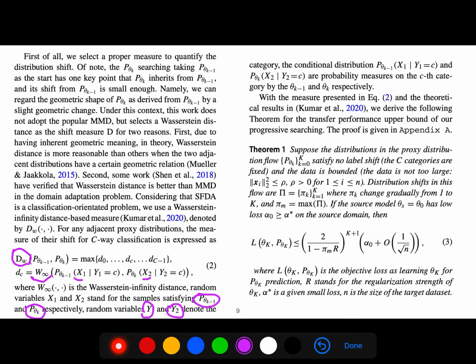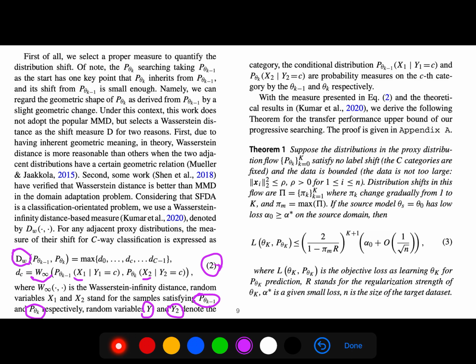While the measure in this equation was presented along with the theoretical result, with this measure we derived the following theorem for the transfer performance upper bound of our progressive searching.